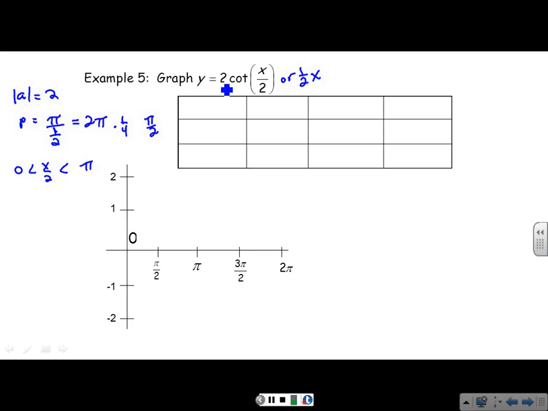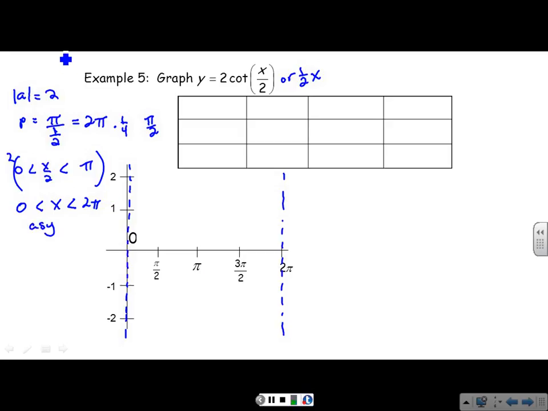And so we're going to multiply everything by 2, and we get 0 less than x less than 2 pi. Alright, so we know that we have an asymptote at 0, and we also know that we have an asymptote at 2 pi. That's what this tells us. This tells us our asymptotes.